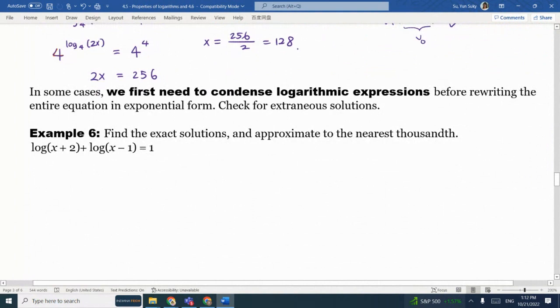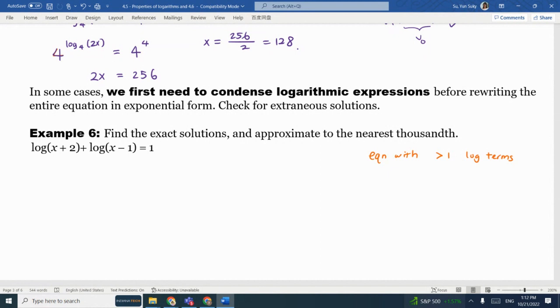Okay, so in some cases, we need to condense the log expressions before rewriting the entire equation in the exponential form. So if we have 2 log terms, this is an equation with more than 1 log term.